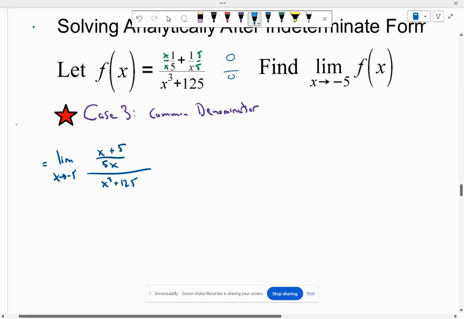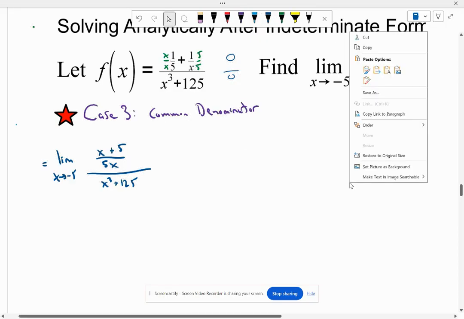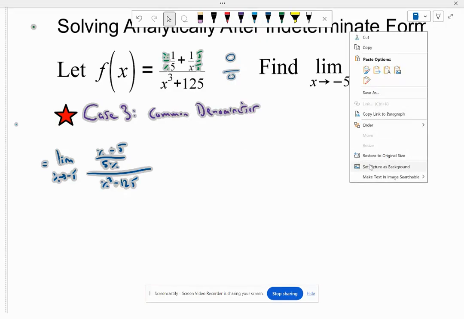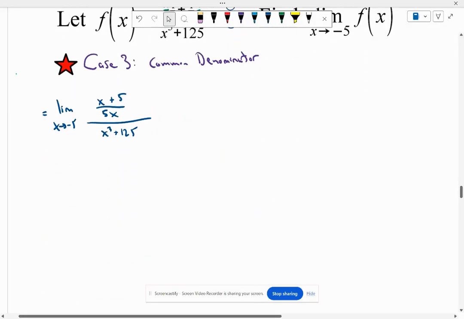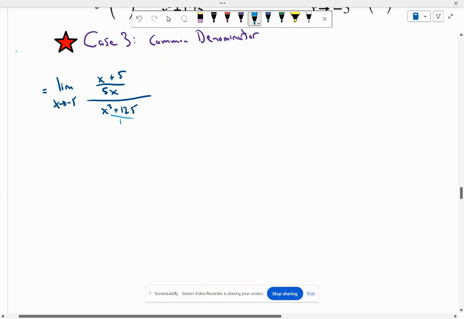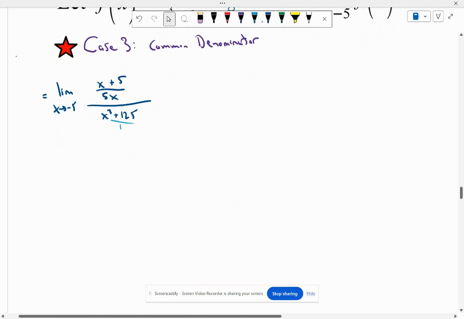So you can think of this as x cubed plus 125 over 1, and then keep, change, flip. This is equivalent to the limit as x approaches negative 5 of x plus 5 over 5x, change division to multiplication, and then flip this, so it's going to be 1 over x cubed plus 125.